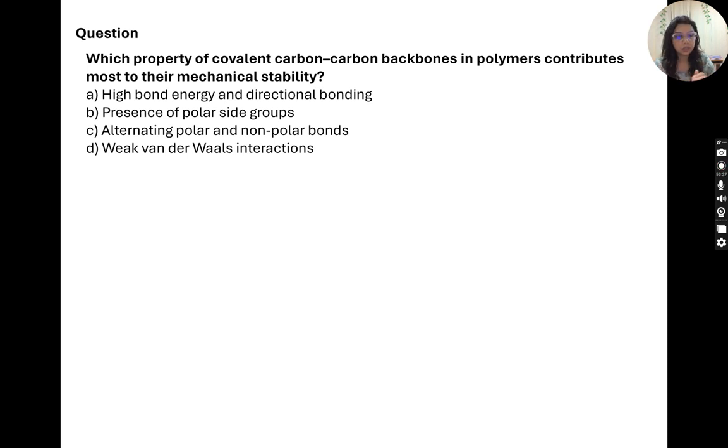The options are high bond energy and directional bonding, presence of polar side groups, alternating polar and non-polar bonds, and weak van der Waals interactions. So which properties directly impact the mechanical stability of a polymer due to carbon-carbon backbones?